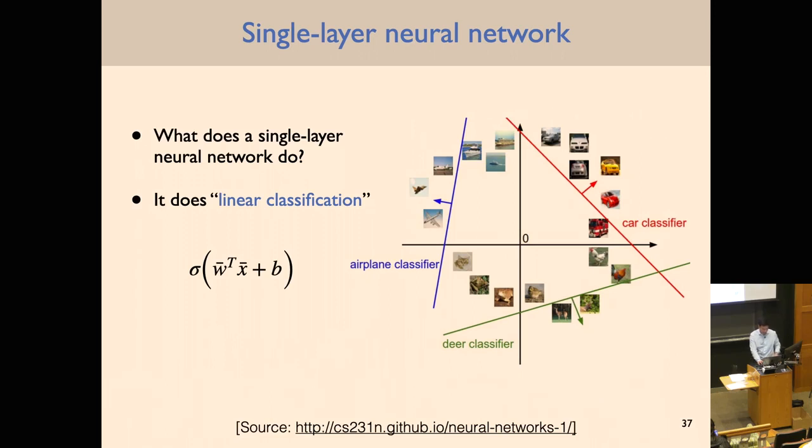Maybe another answer comes from this interpretation. Another way to think about what a single layer neural network is doing is that it's doing linear classification. We have this function W transpose X plus B, which defines some hyperplane. Anything on one side of the hyperplane has W transpose X plus B being positive, and anything on the other side has it being negative.